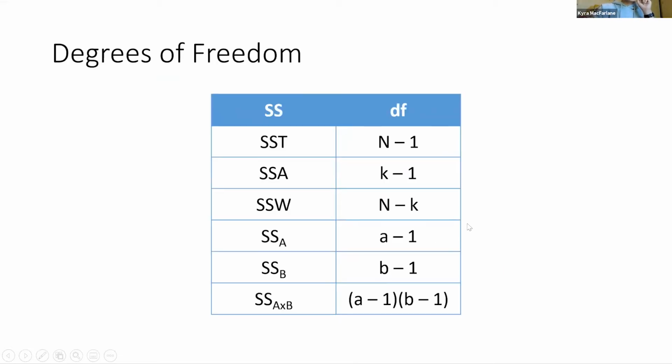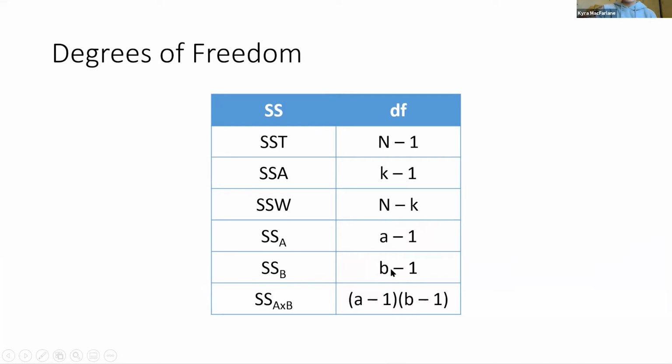Like with the one factor ANOVA, each of these sum of squares has its own degrees of freedom. Degrees of freedom for the total is the total sample size minus 1. Among is the number of groups minus 1. Within is the total sample size minus the number of groups. For A, it is the number of groups in A minus 1.